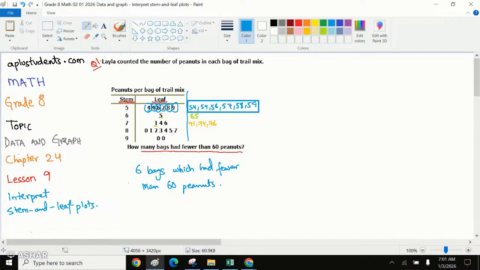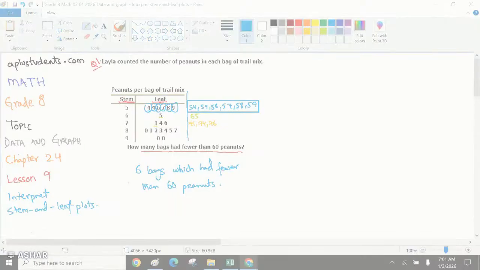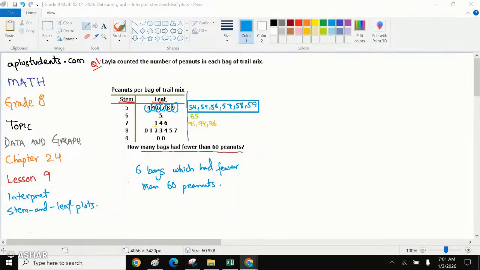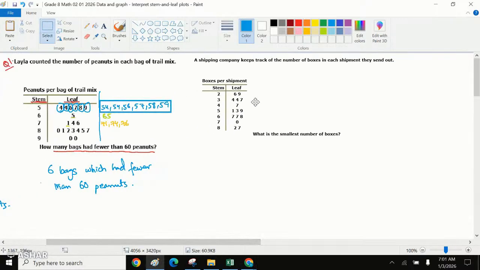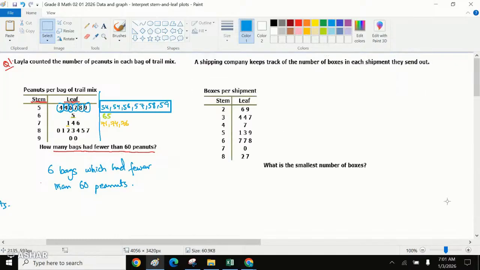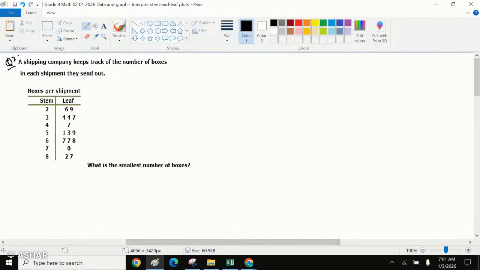Okay. Let's look at another question. The next question, question number 2, says a shipping company keeps track of the number of boxes in each shipment they sent out.